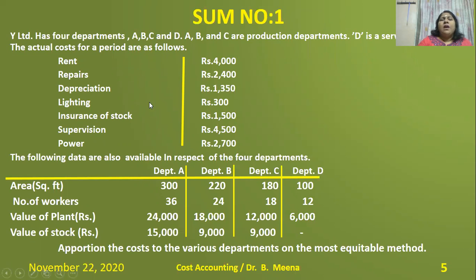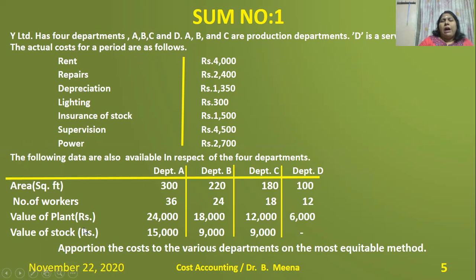These are the expenses, and look into the additional information. You can match the additional information with the expenses in order to get the ratio. For example, rent is the expense to be distributed among A, B, C, D, and the information available is area in square feet. So I can relate this area in square feet with the rent. Like that, repairs and depreciation I can relate with the value of plant. Lighting, either light points. If light points is not given, then definitely I need to rely on the area in square feet.